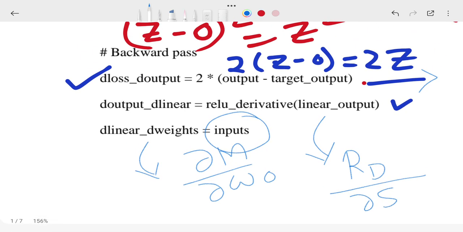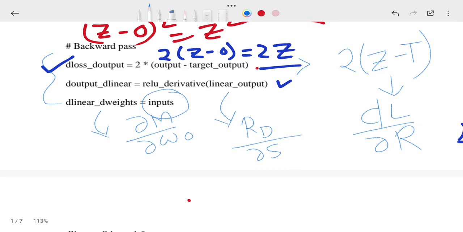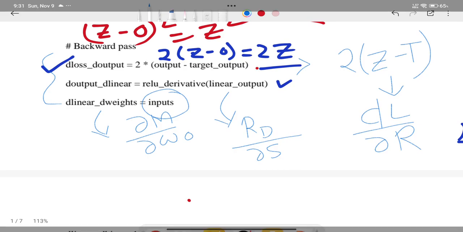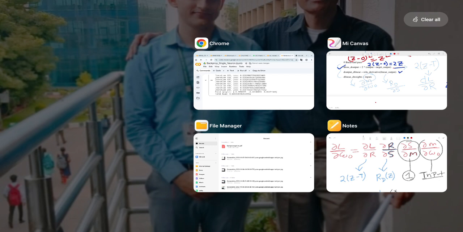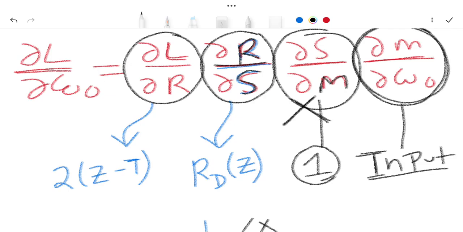So these 3 lines are very important if you understand these 3 lines. Okay, so already we explained here. I am explaining this one. This is all time I am not writing. This is input, and this is a ReLU derivative with respect to sum, and this is a loss with respect to ReLU.